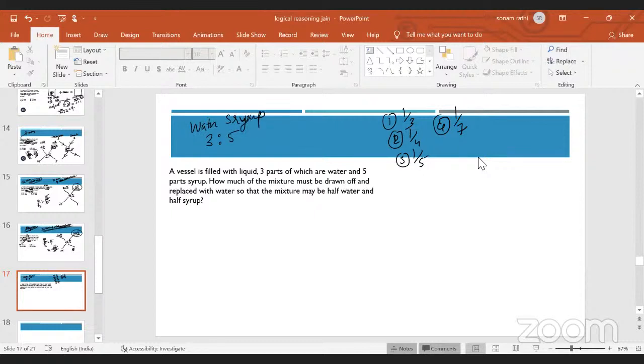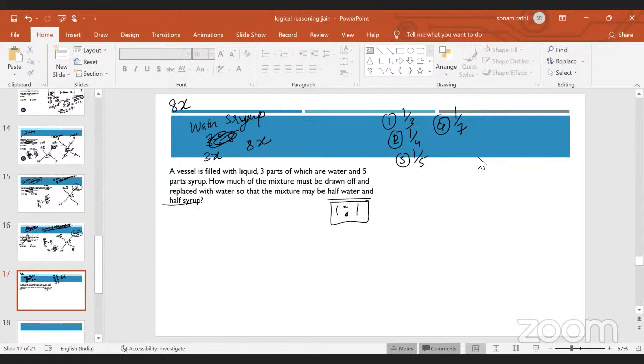How much of the mixture must be drawn off and replaced with water so that the mixture becomes half water, half syrup? So let's say the total is 8x. So 3x is water and 5x is syrup.